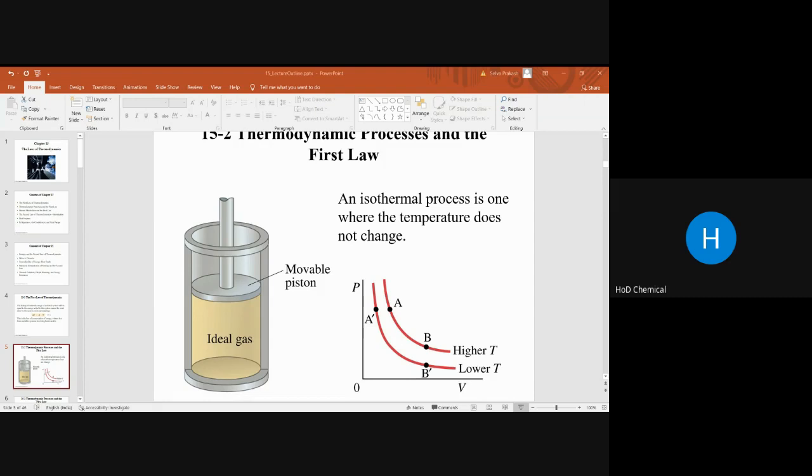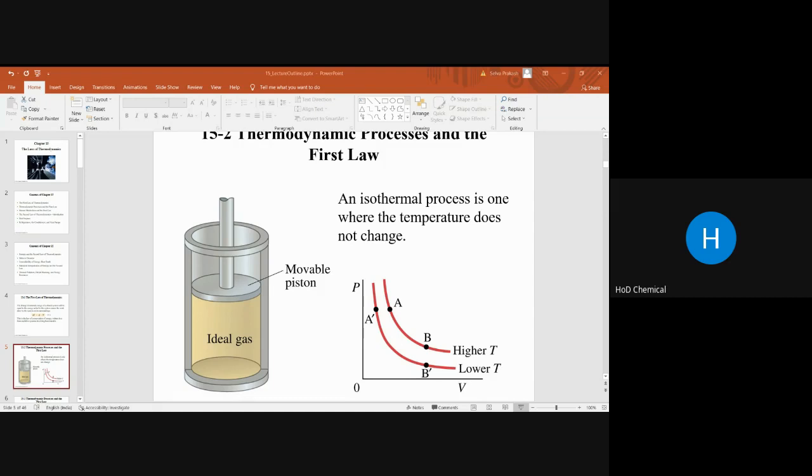So Q equals delta U, which means the energy transferred as heat changes only the internal energy.